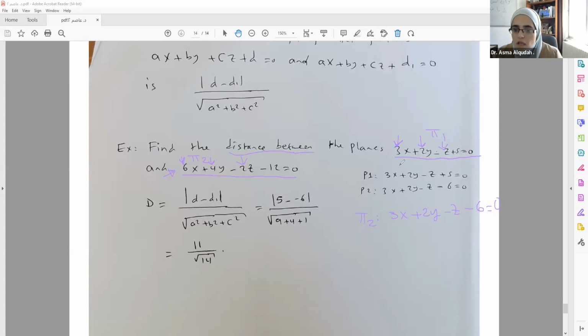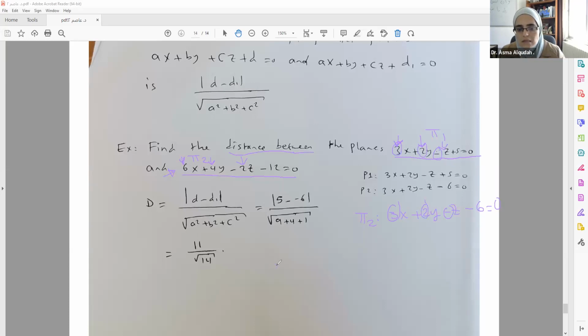Now if we compare the coefficients in the two equations, here it's 3 and here it's 3, here it's 2 and here it's 2, here it's minus 1 and here it's minus 1, then we're good to go. We can use the equation now.